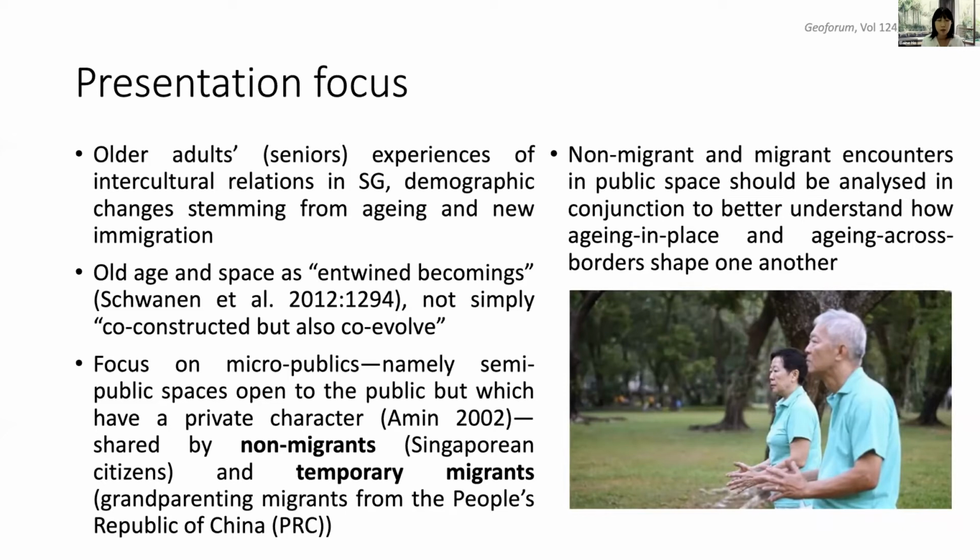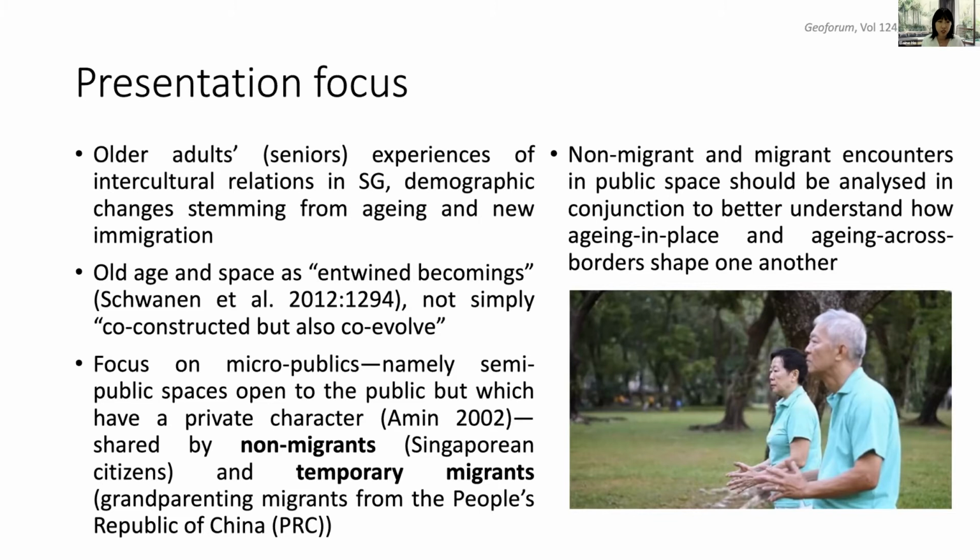So how people's experiences of aging is not only co-constructed in space, but also evolves through space in tandem with aging. In this paper, we focused on this idea called micropublics. Micropublics are semi-public spaces, or semi-private spaces that are open to the public, but which have a private character.